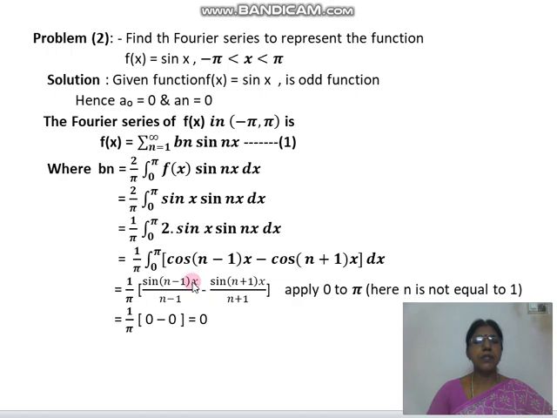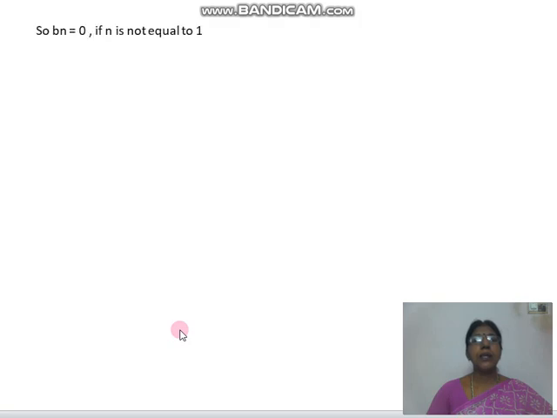In place of 0, sin n minus 1 into 0 means sin 0, it is also 0. The same for the other function also: sin n plus 1 pi minus sin 0 is 0. Totally we get 1 by pi into 0, which is 0. So bn is 0 for n not equal to 1, and this is for n equal to 2, 3 and so on.